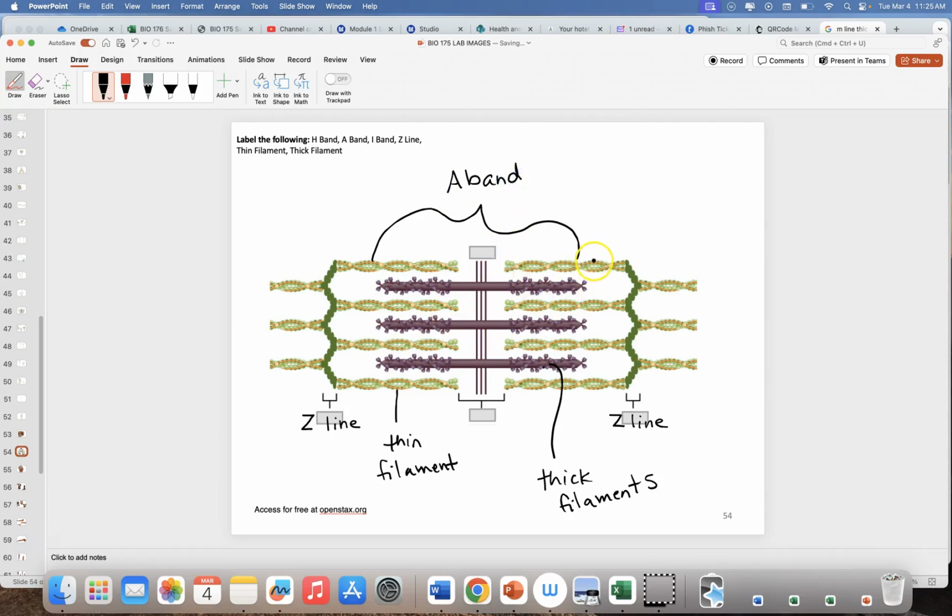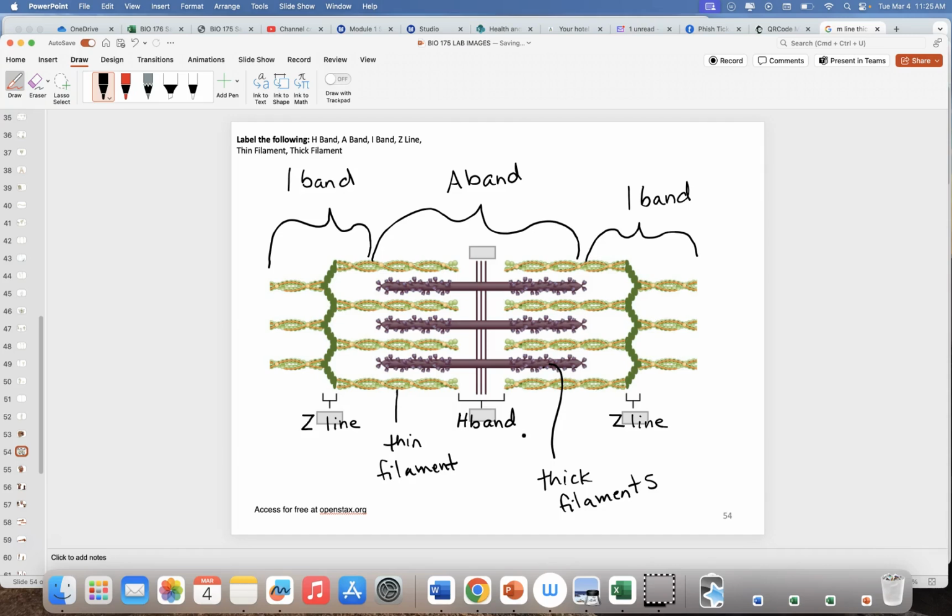And then when we have thin filaments only, which we see here on the edges, we call that the I band. And then this area where it's only thick, we call that the H band.